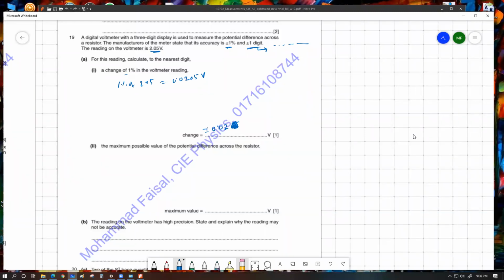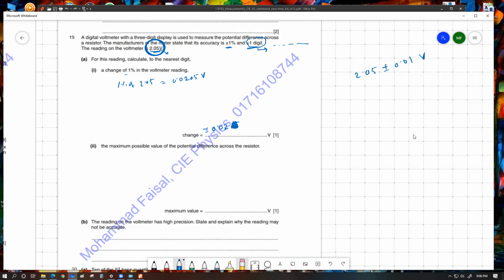Then the question is the maximum possible value of the potential difference across the resistor. এটা বোঝার জন্য আমাদেরকে ফাইনাল ভ্যালু জাজ করতে হবে। So whenever they say that this can be plus minus 1 digit, this means এই নাম্বারের যে মোস্ট রাইট ডিজিট আছে, এই ডিজিটটাও প্লাস ও মাইনাস 1 ভ্যারি করতে পারে। The voltmeter is currently reading 2.05. The plus minus 1 digit means it could have an error of 0.01. Now, what about other values?